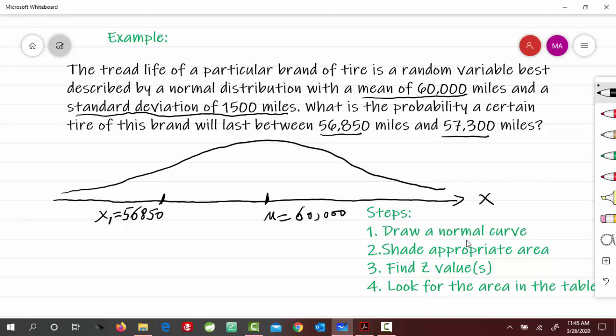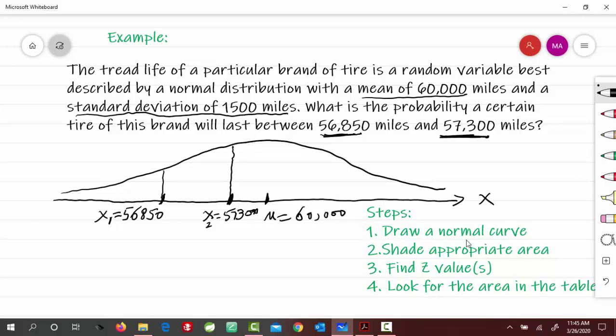And then 57,300, so this would be somewhere here, for example. Let me label it as x2. And now probability between this and this number means that we have to find the area under the curve between this line and this line.